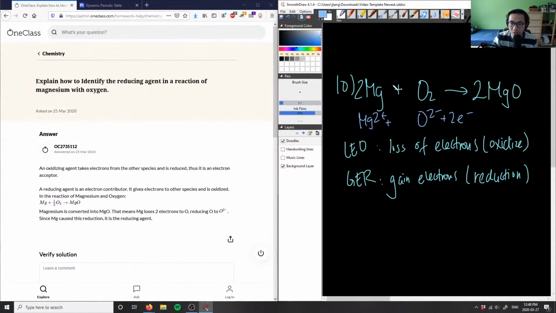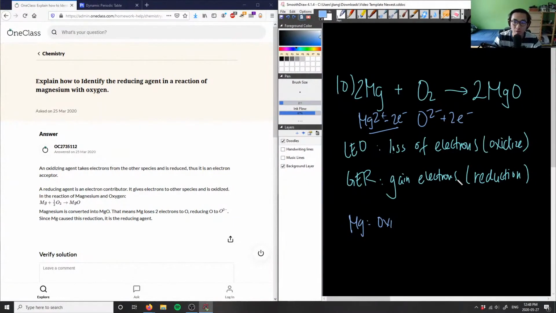So the reducing agent here, this solution here is not correct actually, because the reducing agent here is oxygen, because oxygen is the one that's gaining electrons, because I'm losing electrons here. The loss of electrons is our oxidation, and magnesium is oxidized. Because I'm losing electrons on magnesium, and my oxygen is gaining electrons.